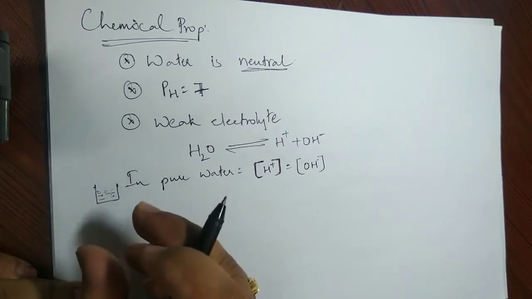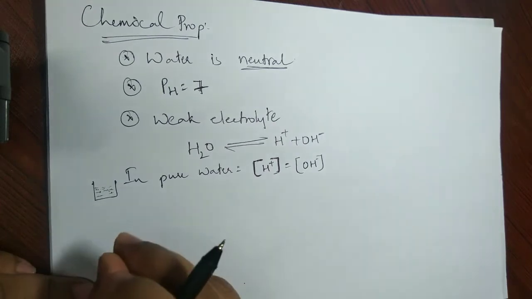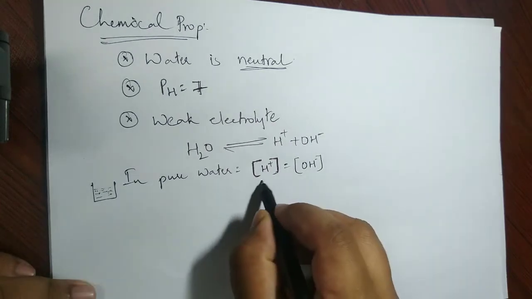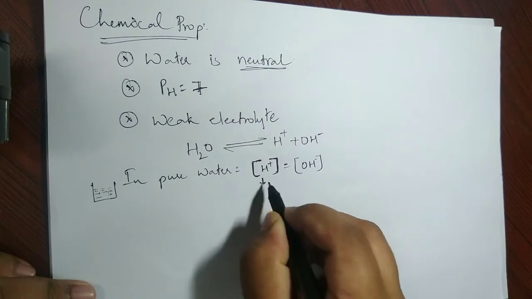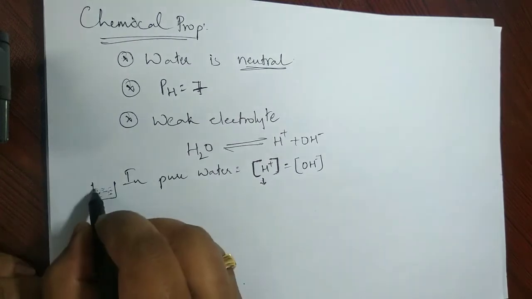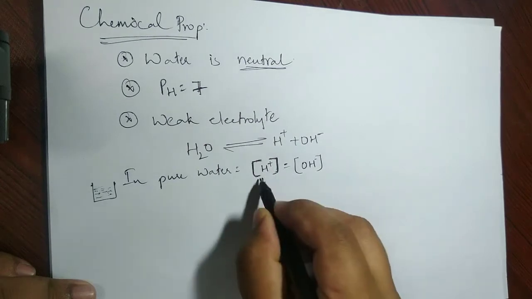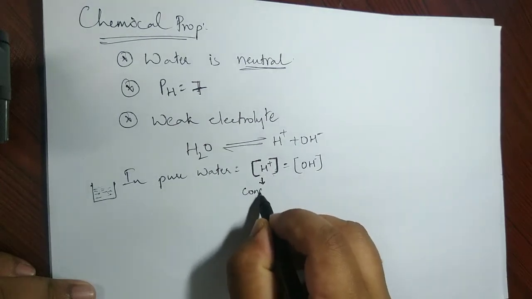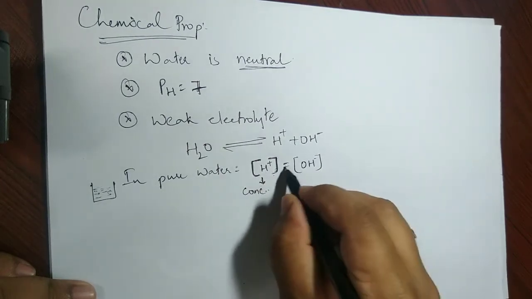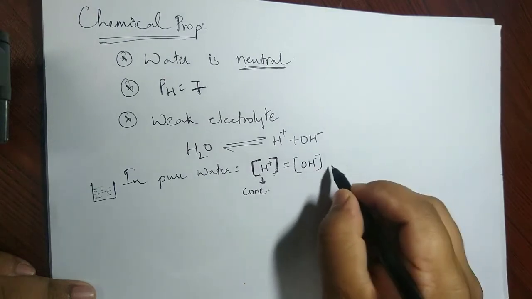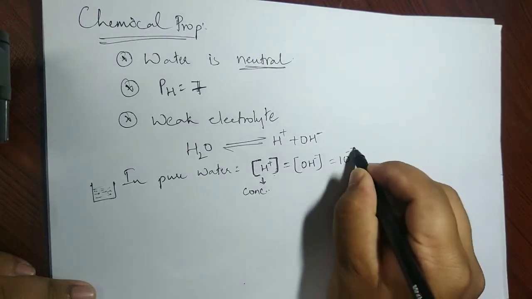So we use this representation for the concentration of H plus. Concentration of H plus is equal to concentration of OH minus, which is equal to 10 to the power of minus 7.